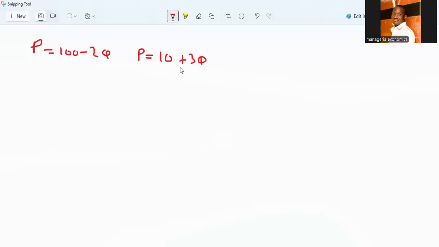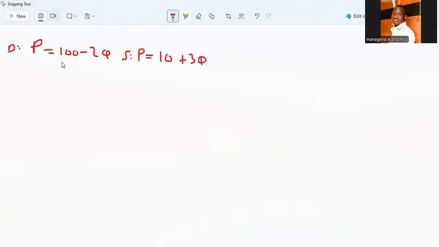Because of this sign here, this one is our supply. There's a positive slope. Because of the negative on the slope, this is our demand. So we're asked to sketch and find the equilibrium and find the consumer surplus and the producer surplus.